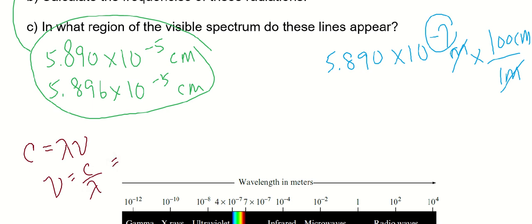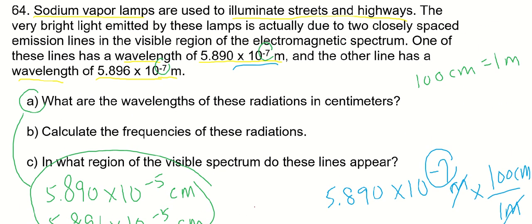The speed of light is 2.998 times 10 to the 8 meters per second. That's on your formula sheet. Now the wavelength that's given to us, we're going to use the original.